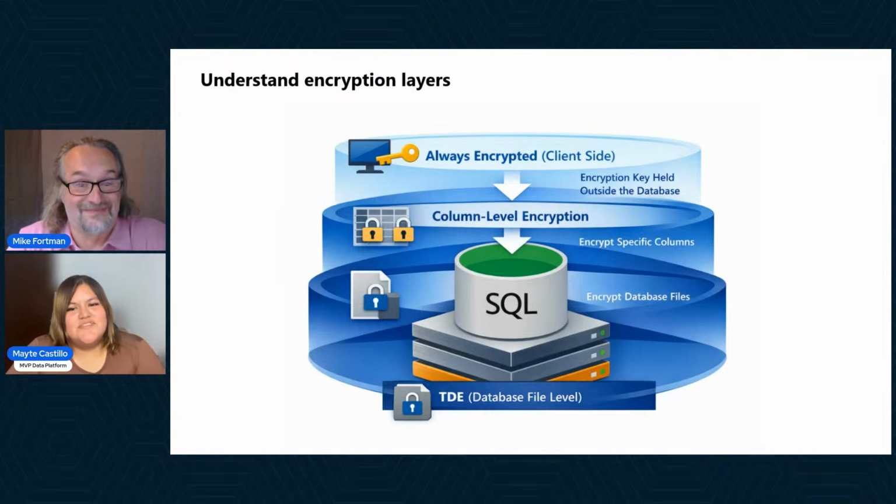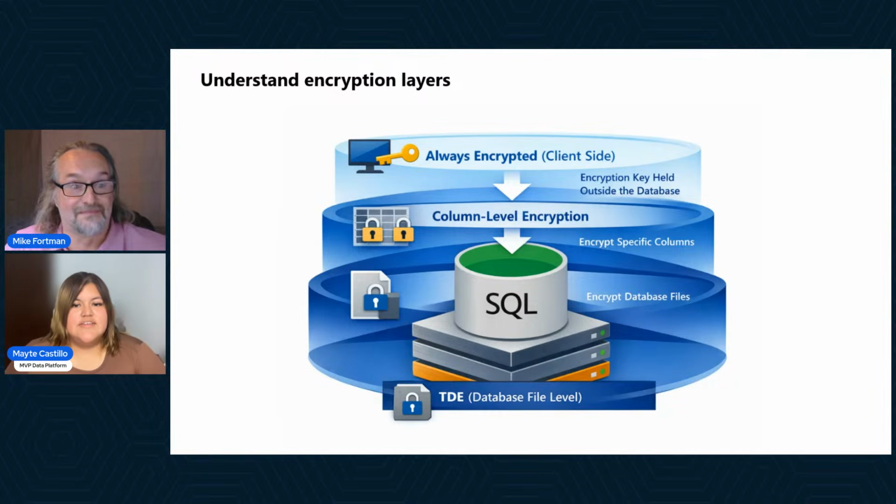TDE encrypts the database files and transaction logs, protecting data at rest. It works transparently for applications, but it doesn't prevent an authorized user from querying and viewing the data in plain text through SQL.